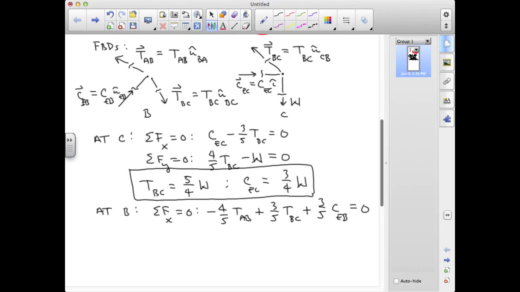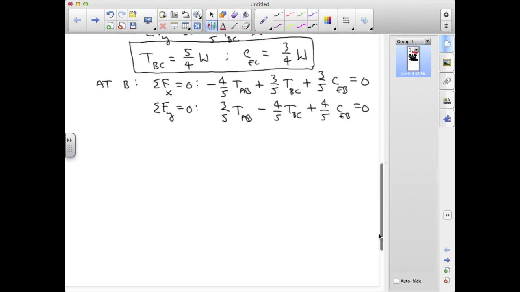And in the y direction, I have 3/5 TAB minus 4/5 TBC plus 4/5 CEB equals 0.